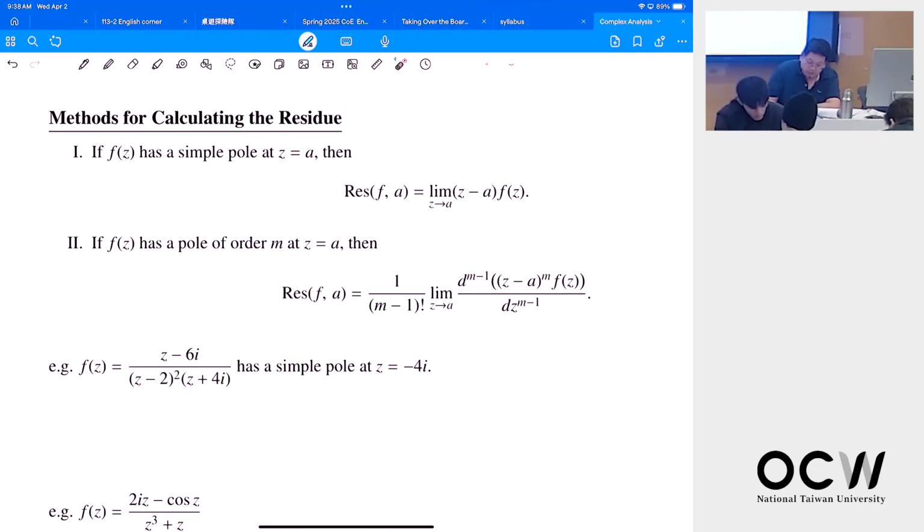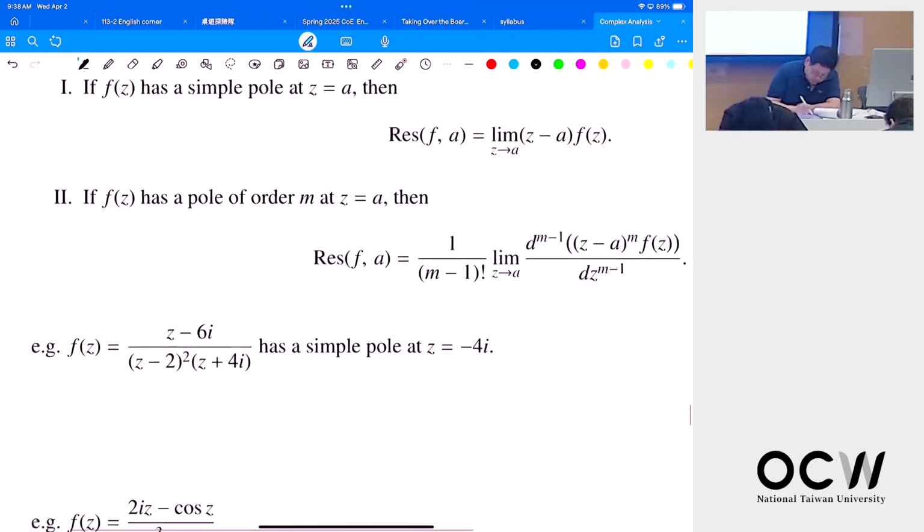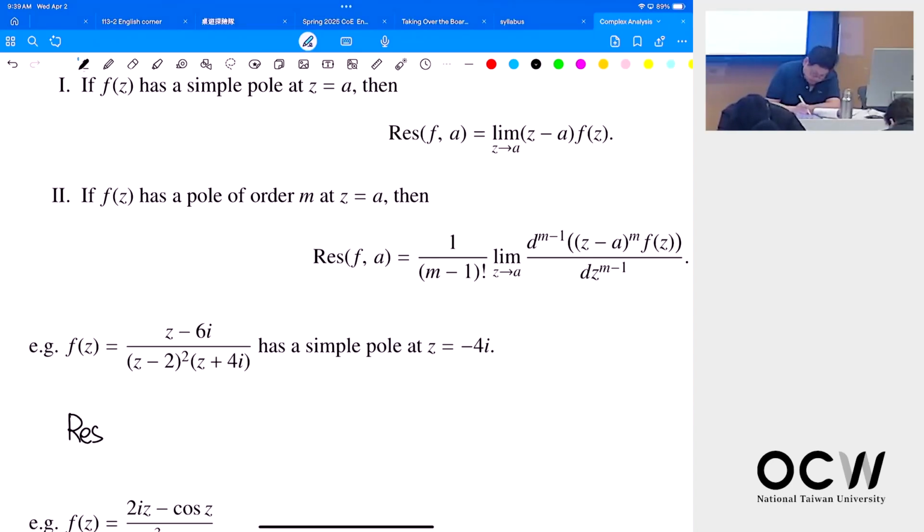So this is a simple pole at z equals minus 4i. Then your residue is just the constant you got, because we take the limit, z goes to minus 4i, and you have z minus minus 4i, or z plus 4i, times your f of z.